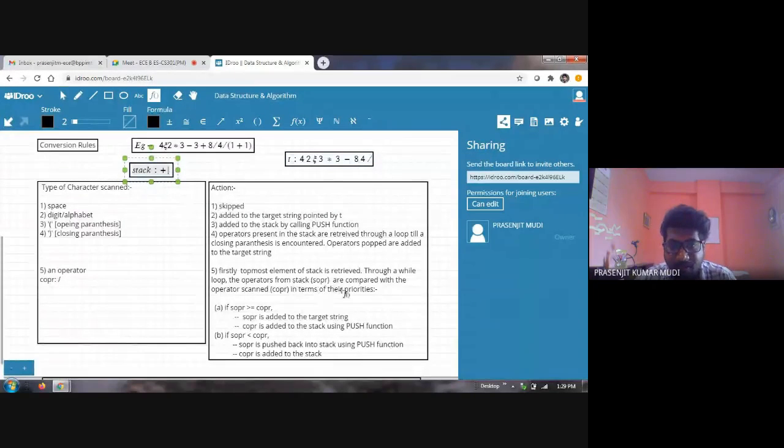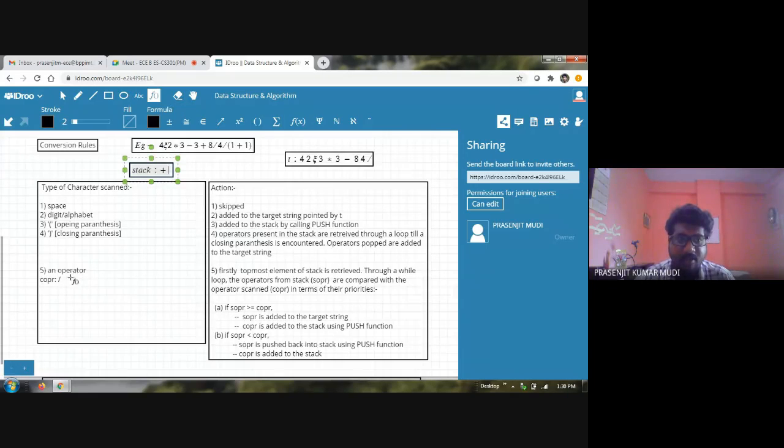So then what happened in the next while loop iteration, this plus will be retrieved. This is written, see, through a while loop, the operators from stack are compared. So first division was compared with COPR. After comparison, SOPR goes to this. Then next SOPR will be retrieved and compared with COPR.